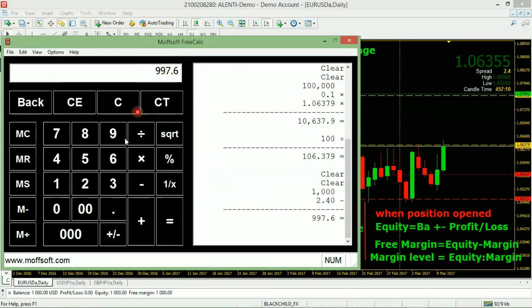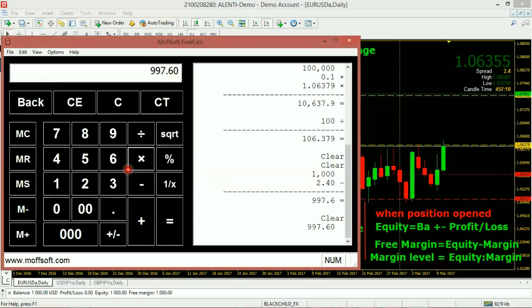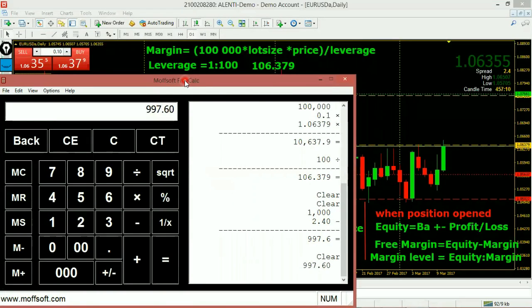And our free margin is going to be $997.60 minus our margin, which is $106.38. I'm just rounding to 2 decimal places, right?